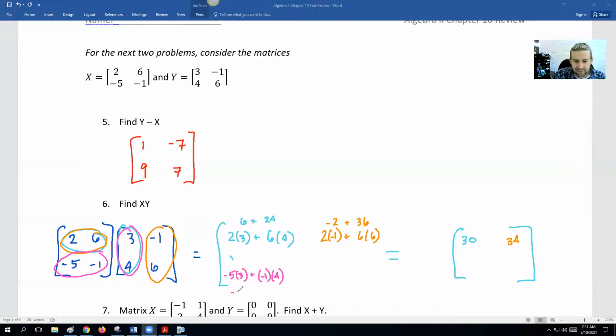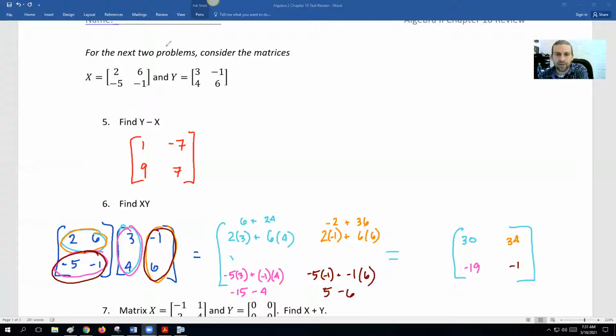That'd be negative 15 minus 4, that'd be negative 19. And then lastly, row 2, column 2: negative 5 times negative 1 plus negative 1 times 6. So that'd be 5 minus 6, that'd be negative 1.